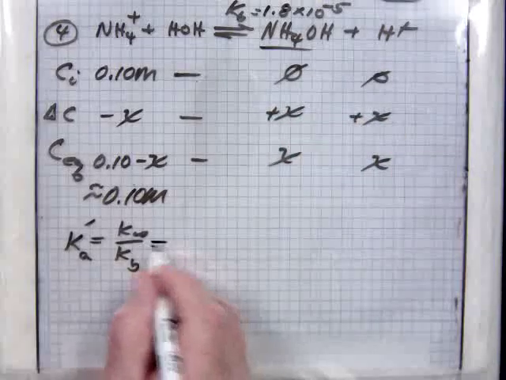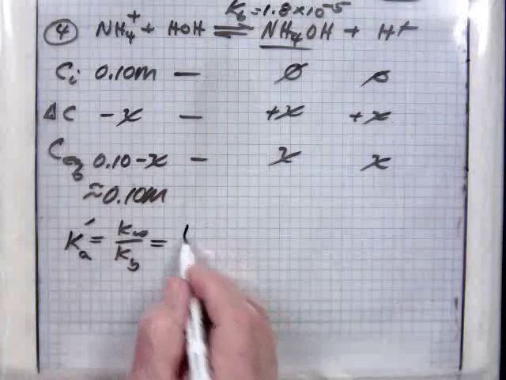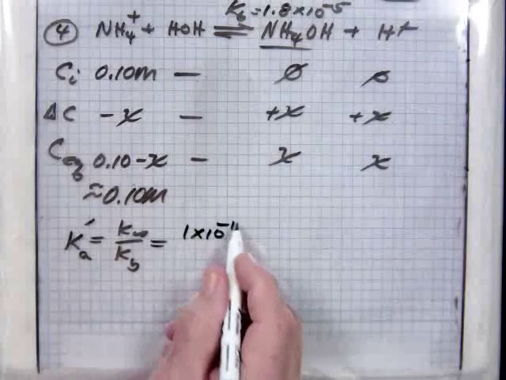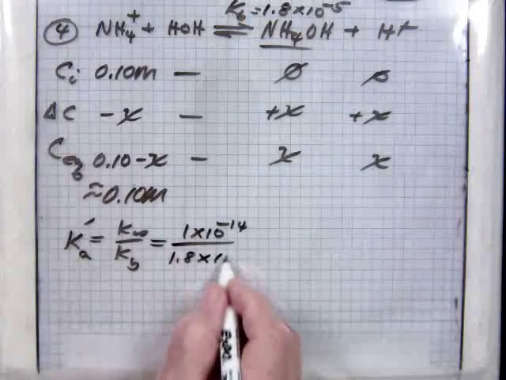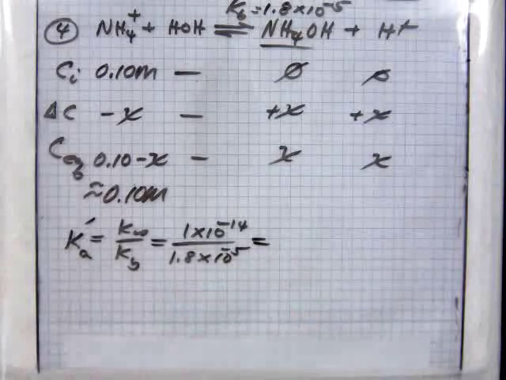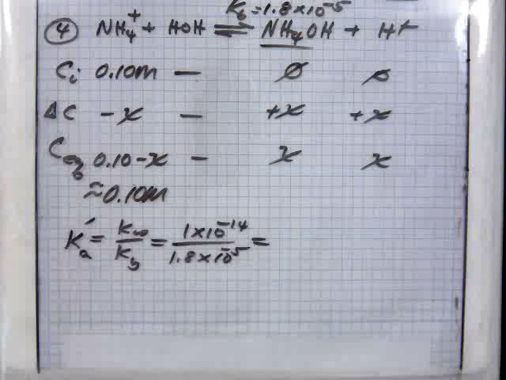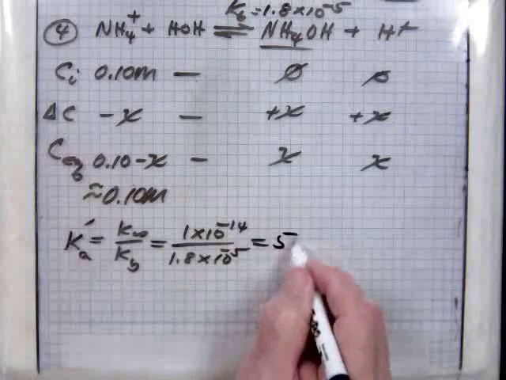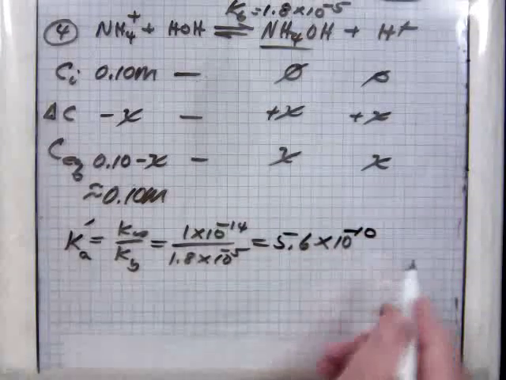And so that would be equal to 1 times 10 to the minus 14 over 1.8 times 10 to the minus 5, and then 5.6 times 10 to the minus 10.